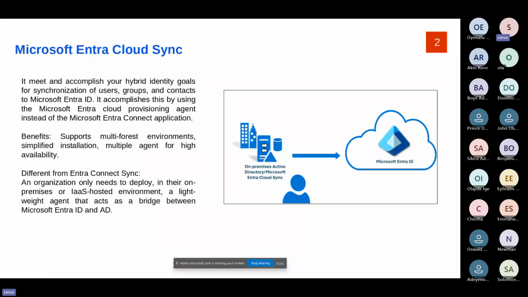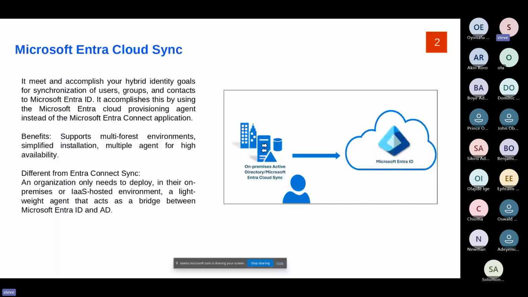Now, Entra Cloud Sync allows you to sync your users, your groups, and your contacts between your on-premise Active Directory and the Microsoft Entra ID. And so it supports multi-forest. That means that the AD forest that you have in your on-premise can be synchronized with your Microsoft Entra ID as well.